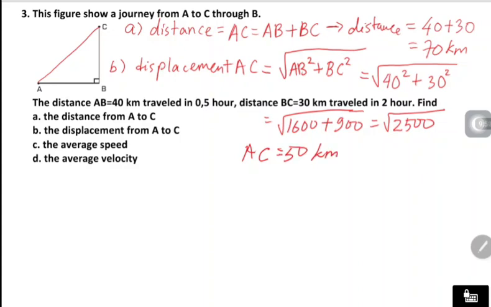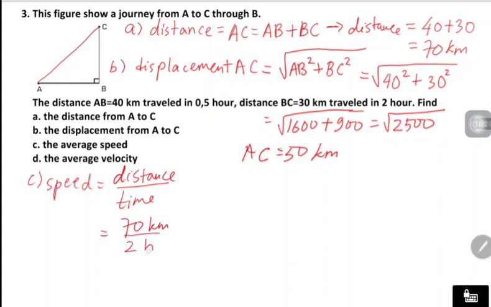Okay, so we calculate the average speed. The average speed can be found by calculating the distance divided by time, so that the speed is distance 70 km divided by time 2 hours, so that we get 35 km per hour.